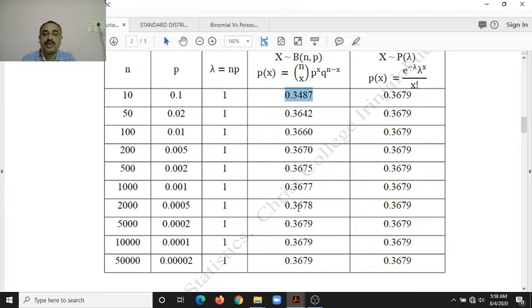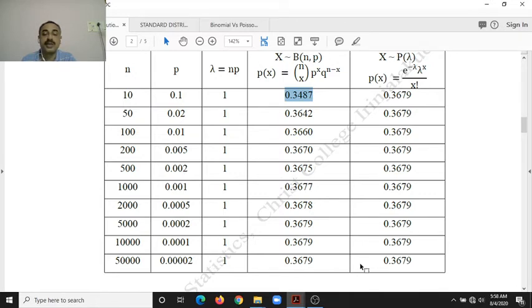That is, using the binomial distribution it is 0.3678 and 0.3679 using the Poisson distribution. But when n is 5000 and p is 0.0002, they coincide with each other, that is 0.3679 and 0.3679. Thereafter, for any value of n and p such that np equals 1, these probabilities will coincide with each other.